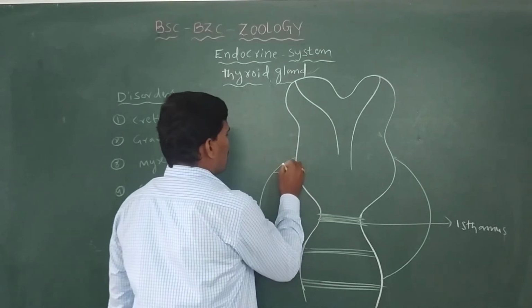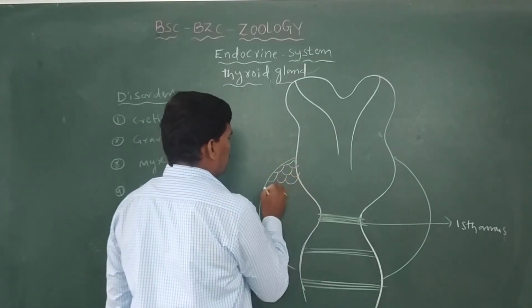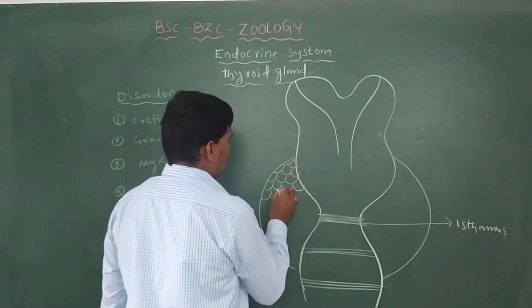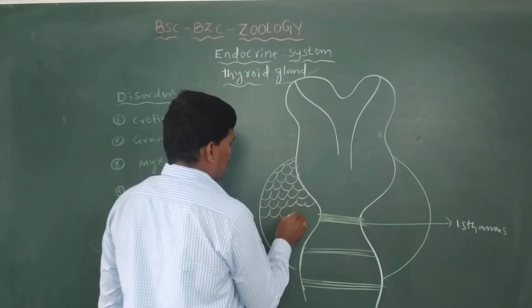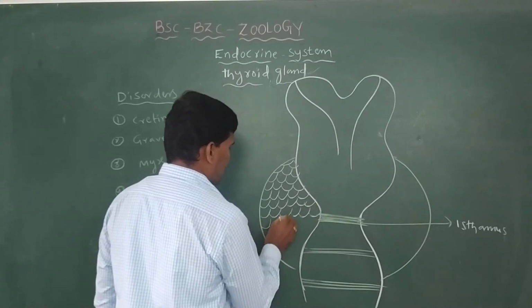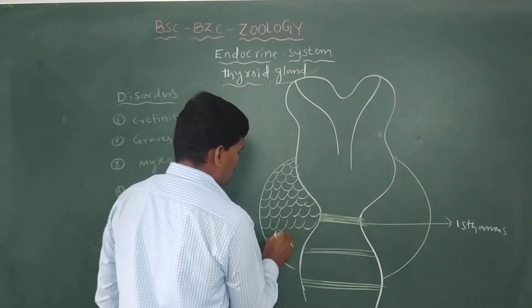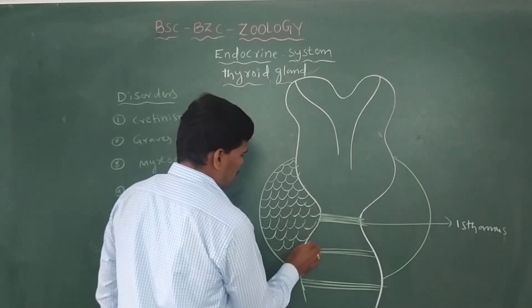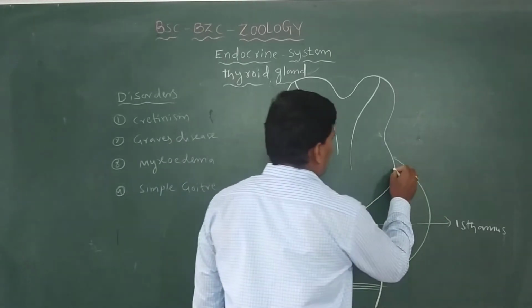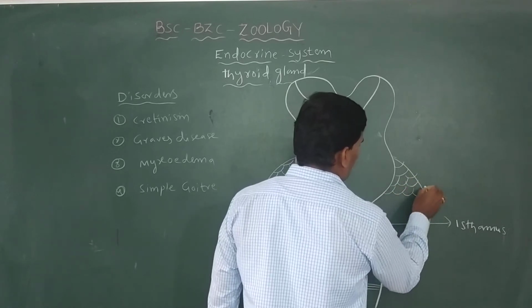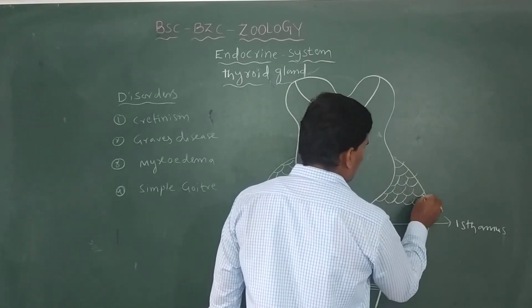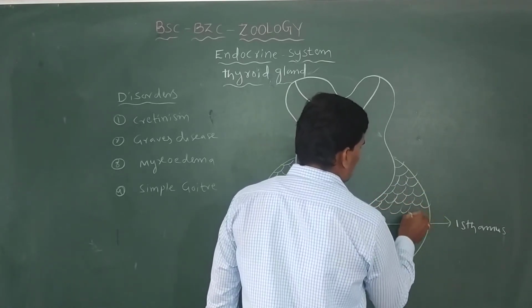This is one thyroid gland lobe, and in the diagram you can clearly identify it. This is the other thyroid gland lobe. These are the two lobes of the thyroid gland.